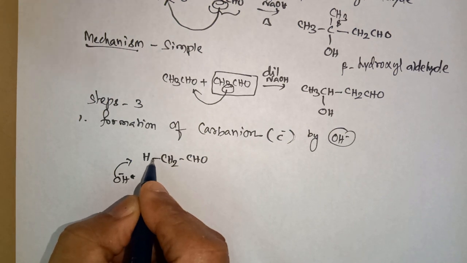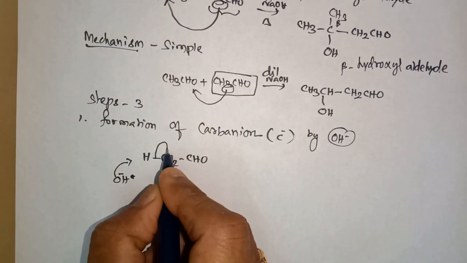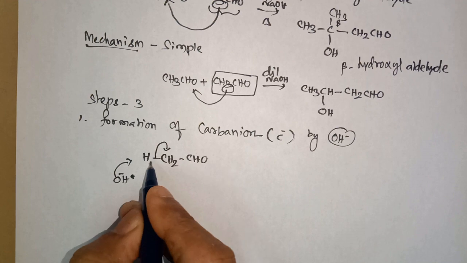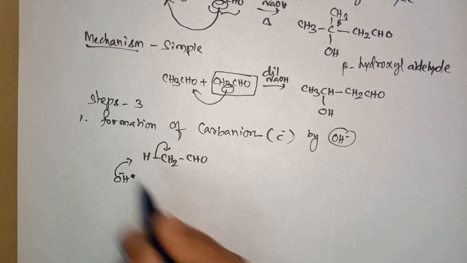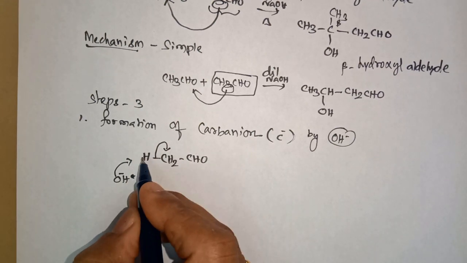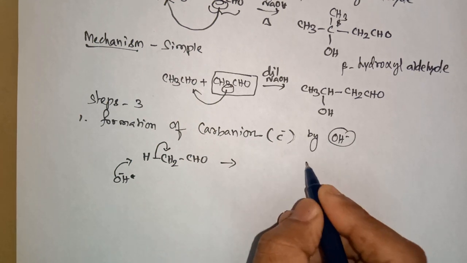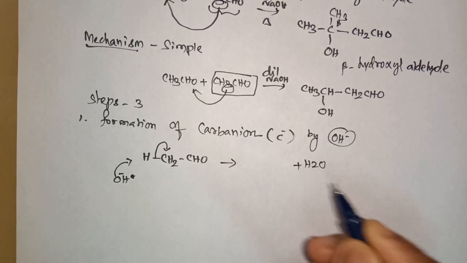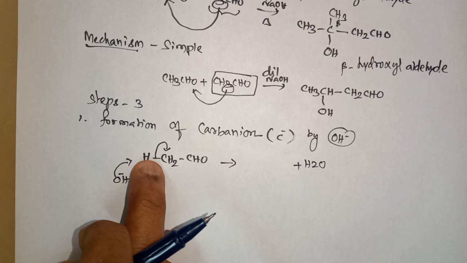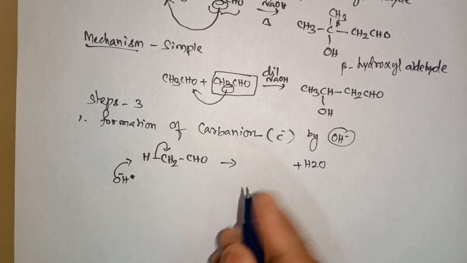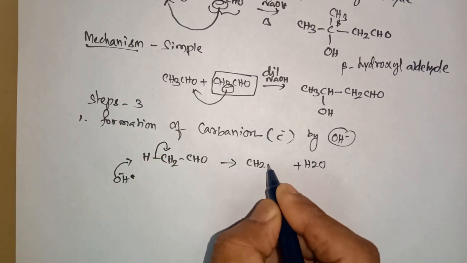It loses 2 electrons to this carbon and comes out in the form of H plus. The H plus combines with this and it becomes H2O. In this bond 2 electrons are there. The 2 electrons are taken up by this carbon and it becomes CH2 CHO.